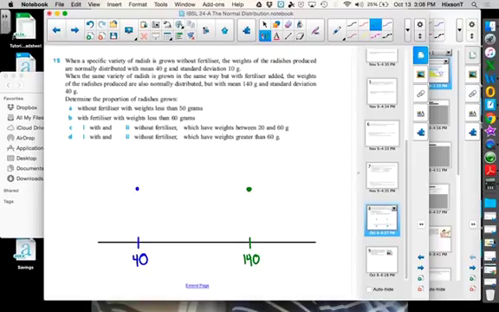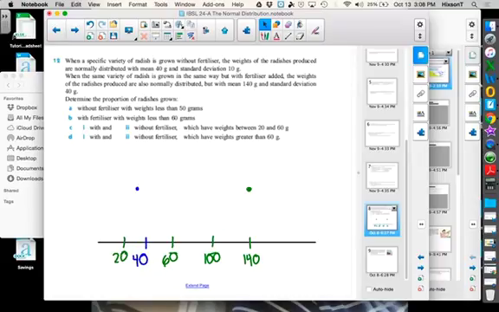So in this case, with the fertilizer going down here, we would have 100, and then 60, and then 20, okay, for our 3 standard deviations. I'll put the 140 right in the middle, okay?